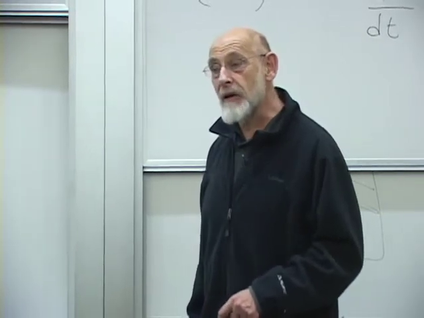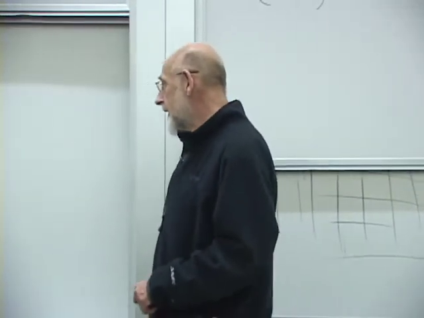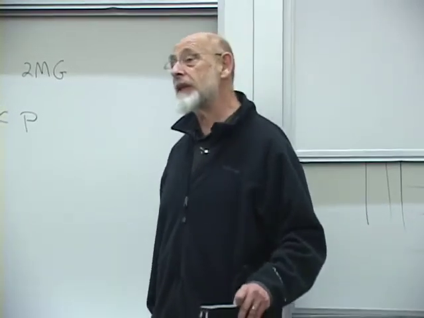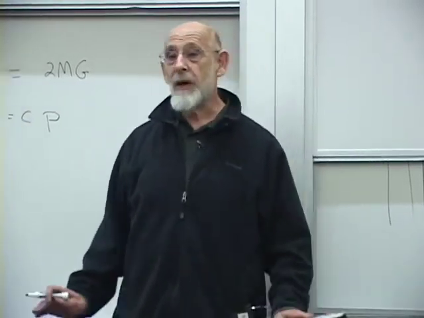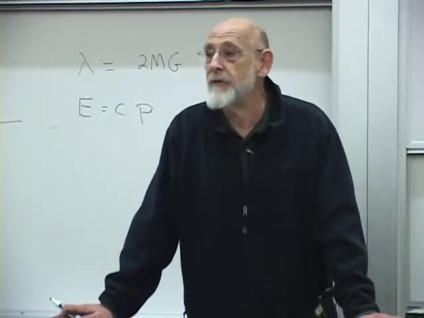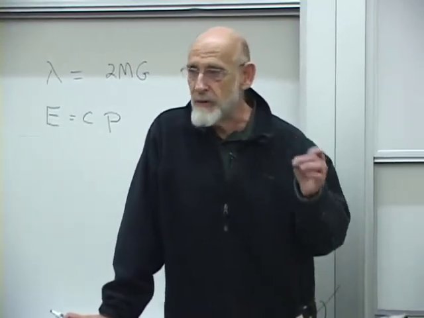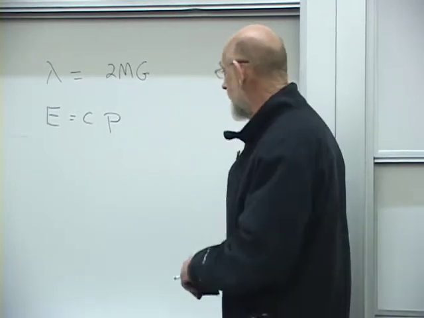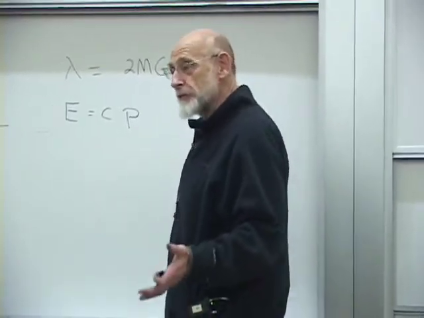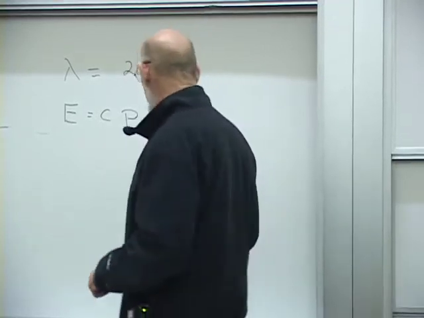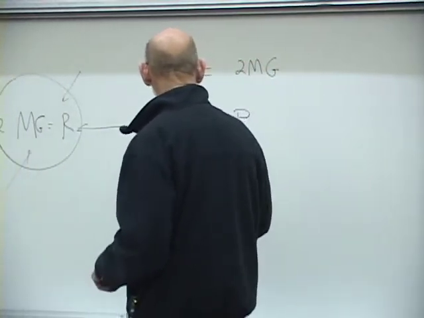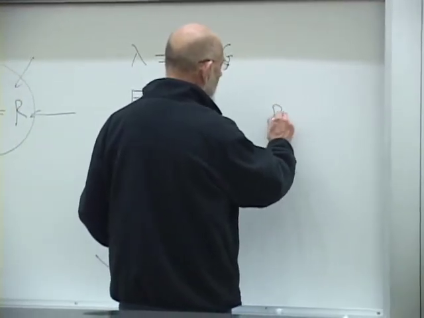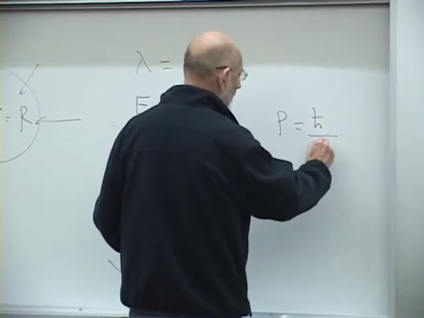H bar, Planck's famous constant. Because we're dealing with photons, because in quantum mechanics information is quantized into photons, this is a real quantum problem. It will be interesting to see where H bar winds up in this formula. All right, so what's the wavelength? The momentum is H bar over lambda.